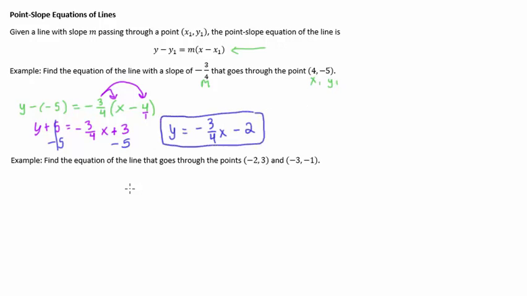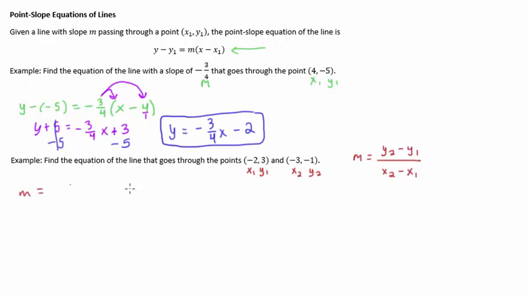That wasn't too bad. The way they're going to try to make it not really worse, but just more work, is they can give us 2 points, which means we need to find the slope ourselves first. Remember, the slope equation is to subtract the y's over subtracting the x's. It doesn't really matter necessarily which way we label this, but we have x1, y1, x2, y2.